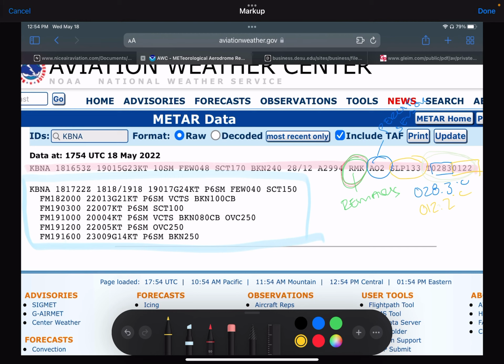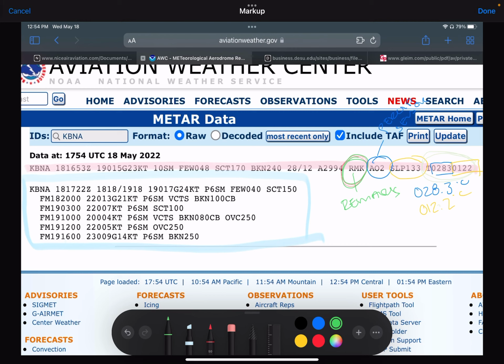And so the first part is pretty much the same, and anything that's coded in the METAR is going to be the same code markings essentially in the TAF. So we've got KBNA, and then we've got the time that this forecast was made. So 18th day of the month, 1722 Zulu.